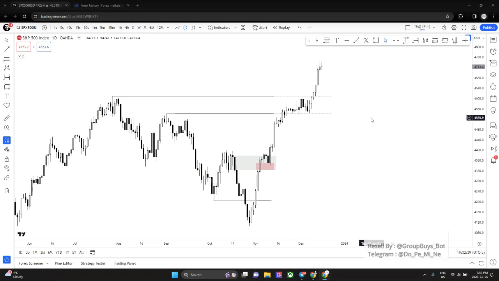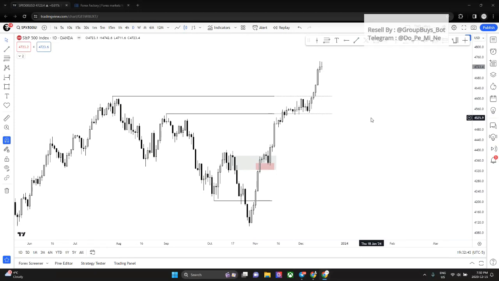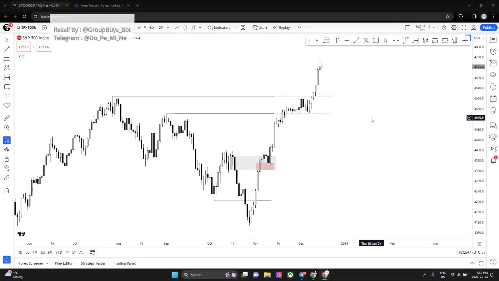So yes, if you're new, you need TradingView and you need Forex Factory, right? TradingView is where you'd read price, and Forex Factory will be where we look for the times in which we should anticipate setups. All right.